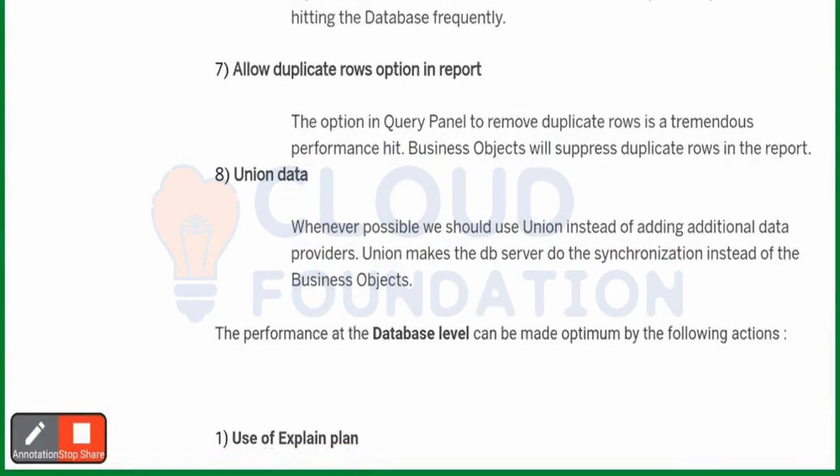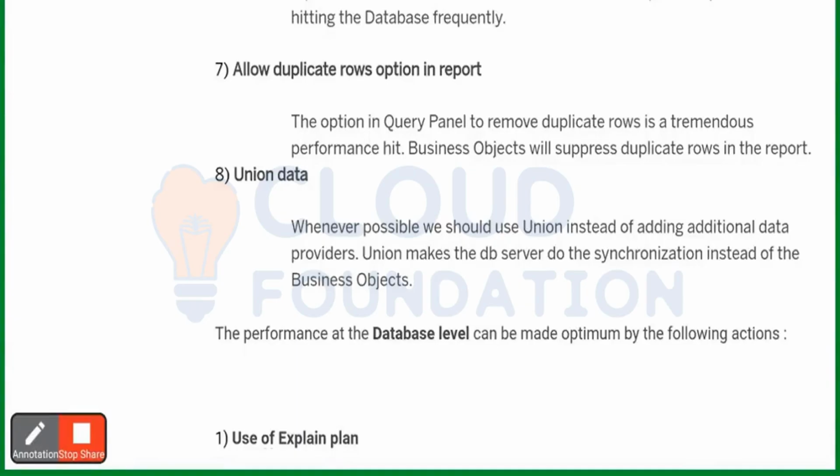And the seventh point is the allow or remove duplicate rows option in the report. If there are any duplicates, in our report formatting, report properties, we can see the option to allow or remove duplicate rows.